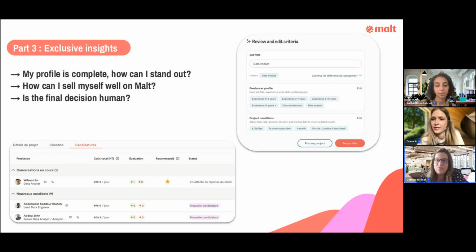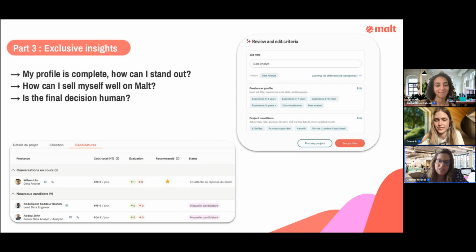A very important thing to mention is that your reputation on the platform really helps to boost your visibility. As Raja was mentioning, getting your first projects on Malt is very important, so collect client reviews and ask for recommendations too. As you complete projects through Malt, you can also unlock your first Super Malter badge.